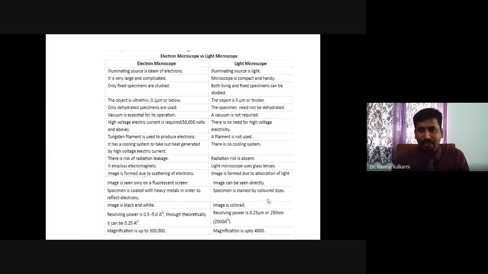Resolving power, you know, I think in schools you might have studied. There are two objects which are very close, and the distance between the two objects is 250 nanometers. A normal optical microscope will not resolve these two. It can see only one. Is that clear to you? Yes, sir. But if you use electron microscope, you can see these two are separate.